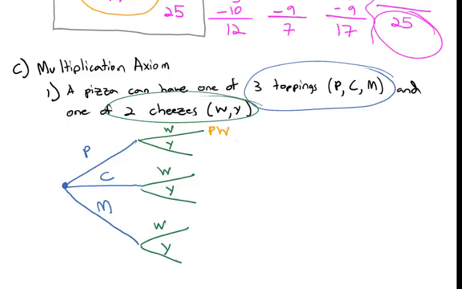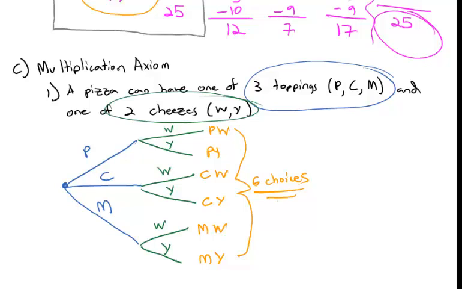We can have pepperoni with white, pepperoni with yellow. We can have Canadian bacon with white or Canadian bacon with yellow. We can have mushrooms with white, or we can have mushrooms with yellow. What we're interested in today is the fact that in total there were actually 6 choices for pizzas that we could use.